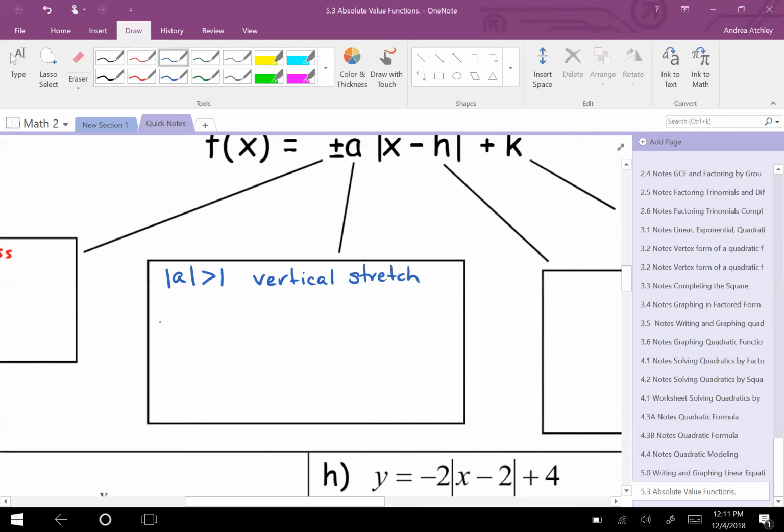Okay, if the absolute value of A is in between 0 and 1, what numbers are in between 0 and 1? 0.5, 0.2. Okay, fractions or decimals, right?